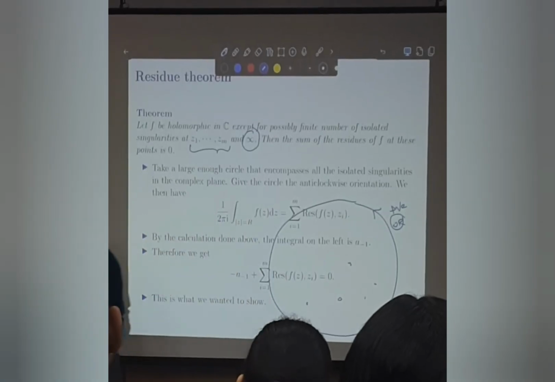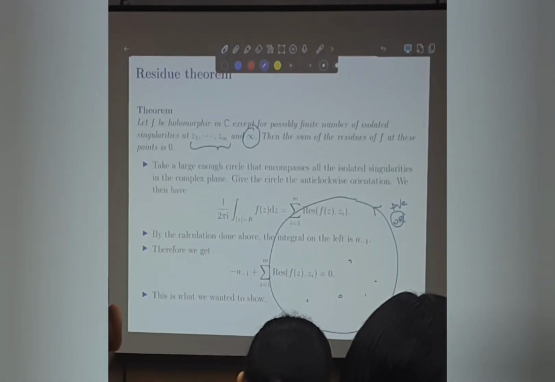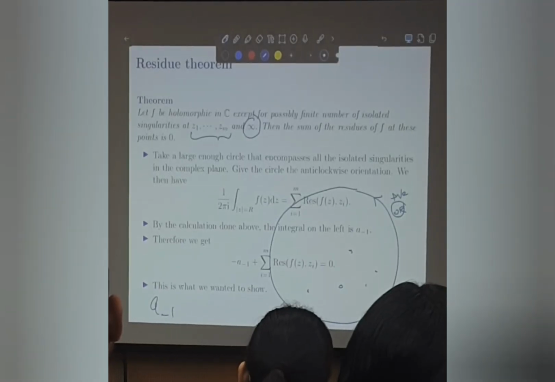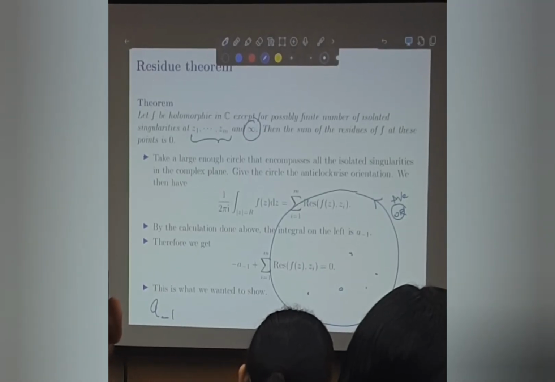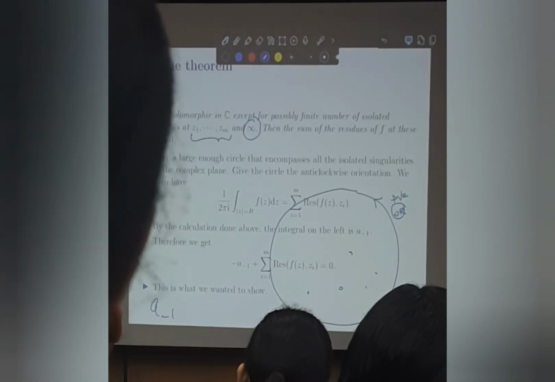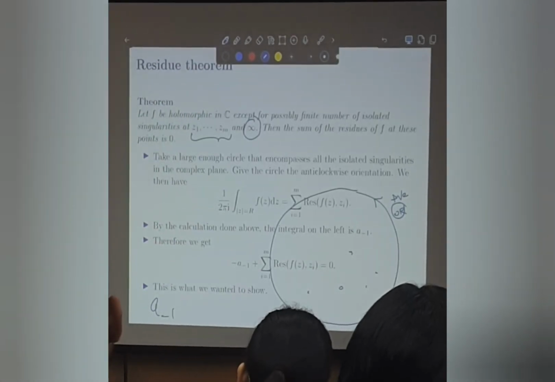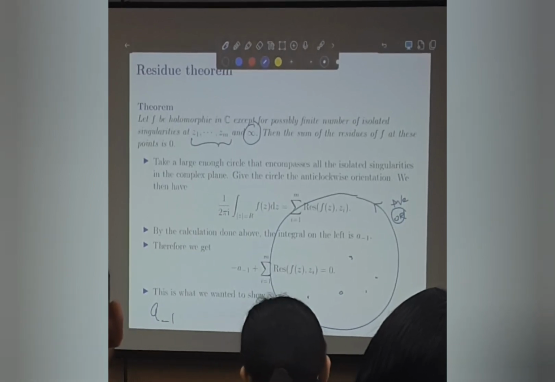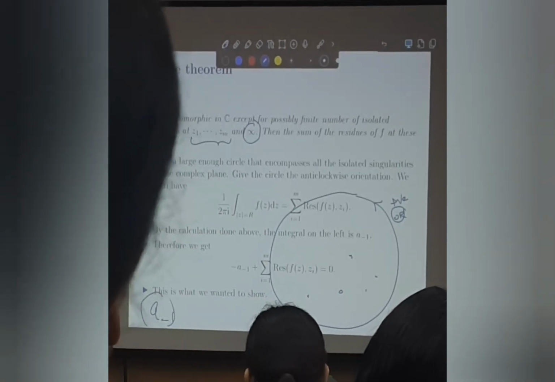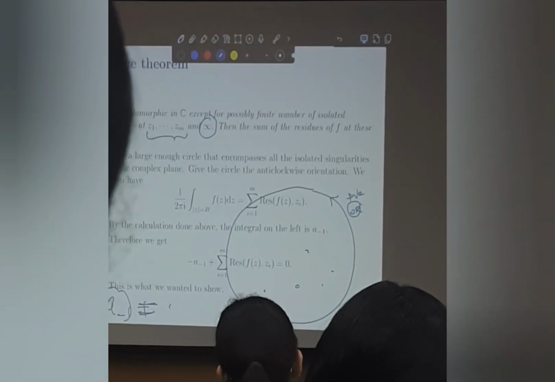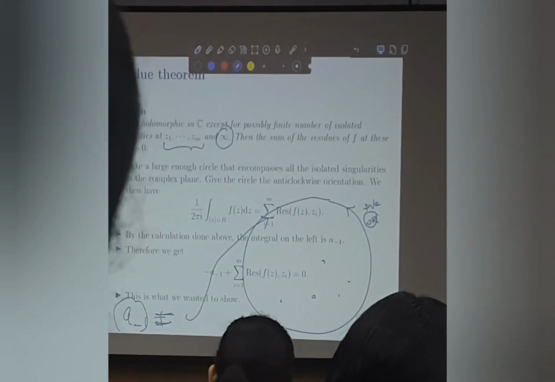So therefore what do I have? I have this a minus 1, which is the coefficient a minus 1 of the Laurent series expansion in the region between mod z equal to r and infinity. So a minus 1 plus the sum of the residues is equal to this quantity over here.